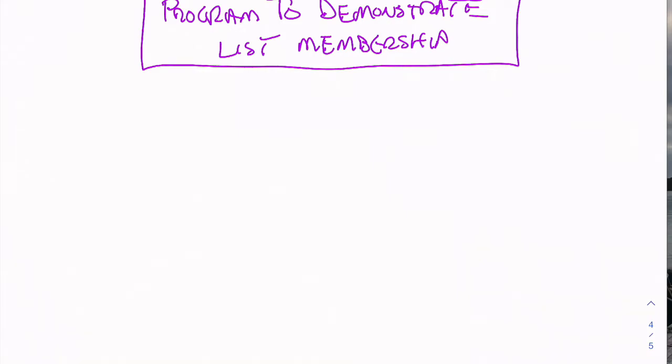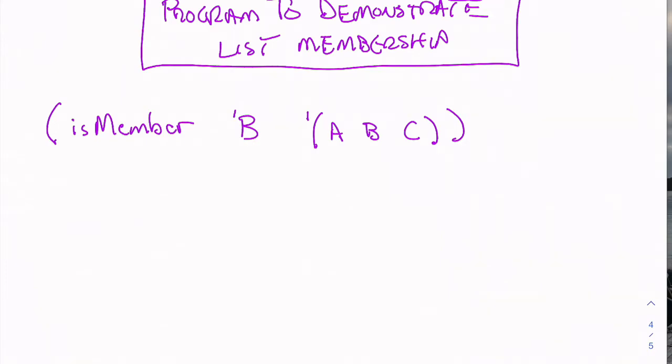So this is how it would work. We're going to have a function called isMember. We'll pass in an atom, like the letter B. Is B a member of this list? A, B, C. Okay, and so this is going to return true because it is a member of the list.